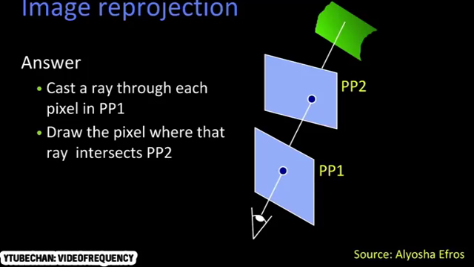Okay? So what should be clear is that in order to figure out where this ray was intersecting projective plane 2, I didn't actually have to know where in the world that ray hit. I just need to know the camera center, the location of the point in image plane 1 that defines the ray, and then I intersect the ray with projective plane 2. Where it hits in the world is irrelevant.